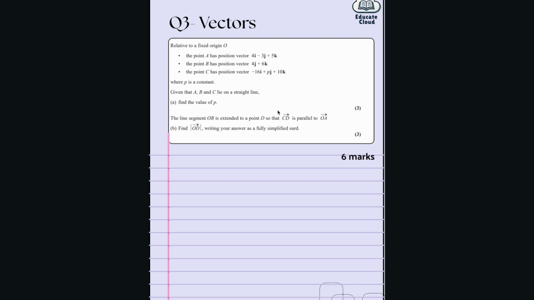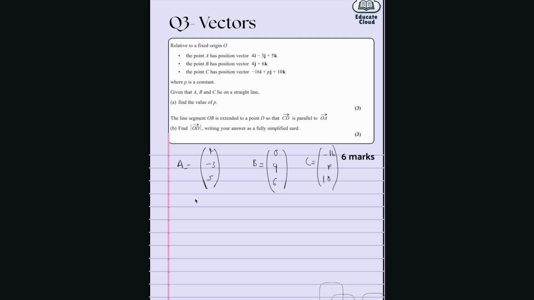Okay, so let's write it as column vectors. A is (4, minus 3, 5). B is (0, 4, 6). C is (minus 16, p, 10).